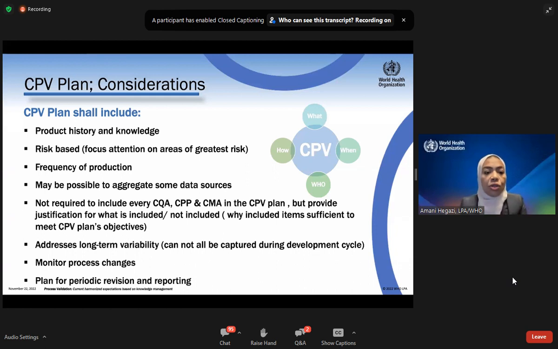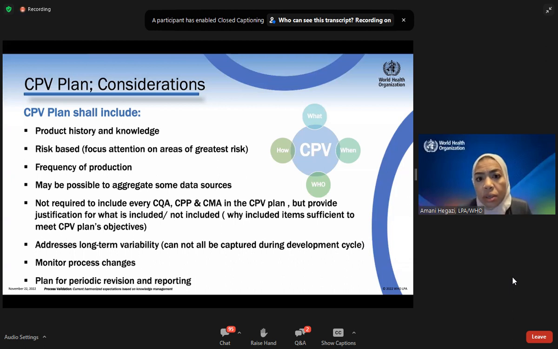While we are implementing the continuous process verification plan, we should consider the product history and knowledge, and this actually justify the level of sampling, the level of monitoring, the frequency of monitoring. It should be risk-based with a focused attention on the area of greatest risk and linked to the patient risk.